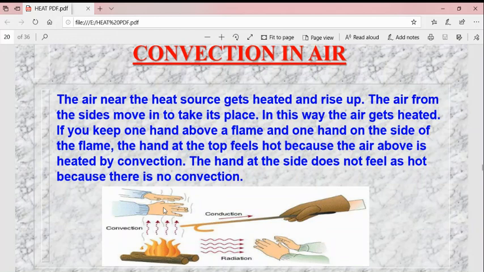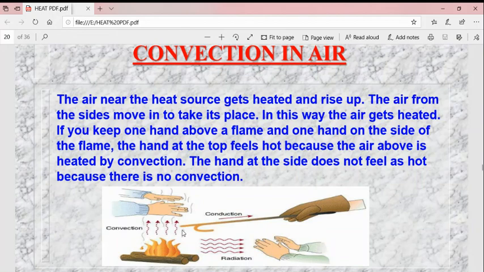The hand at the side of the fire will feel cold, because convection is not taking place there. That means the air molecules are not heated, right?